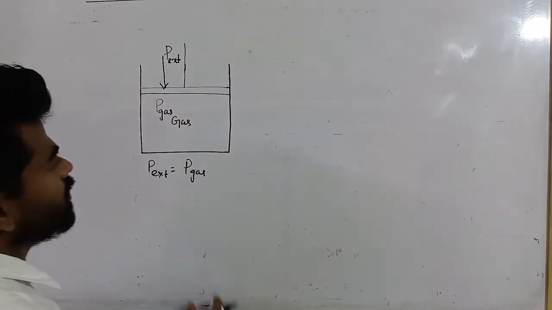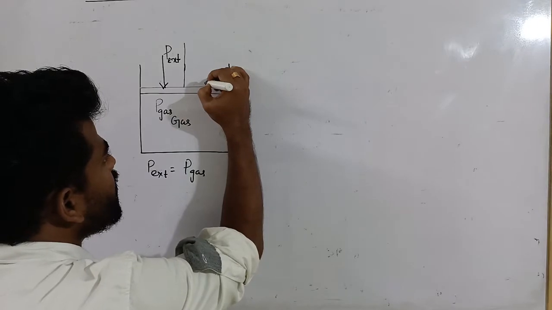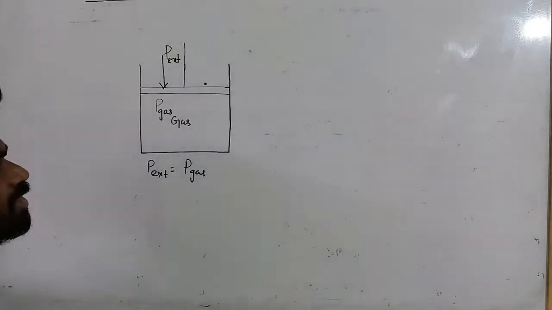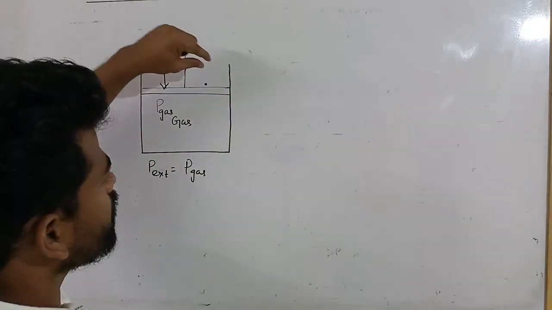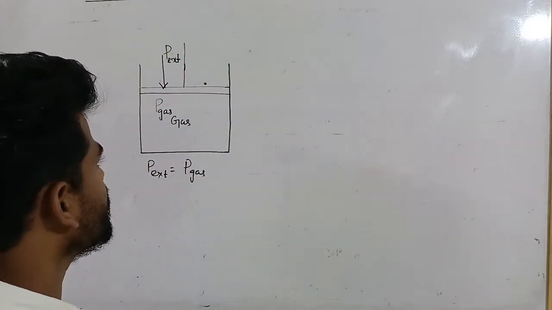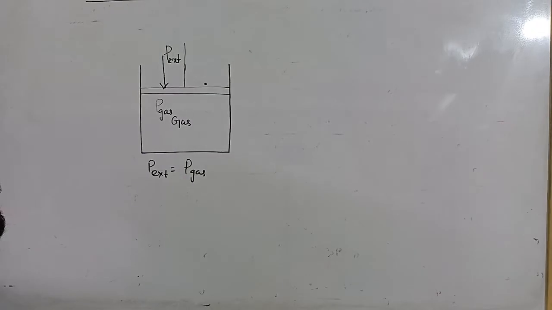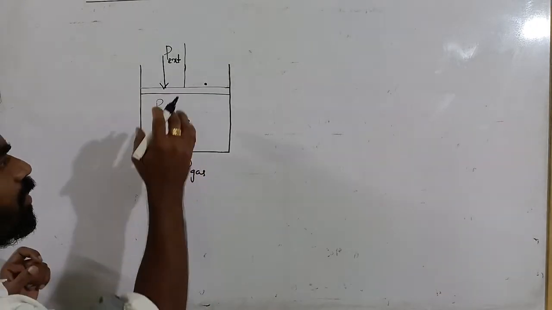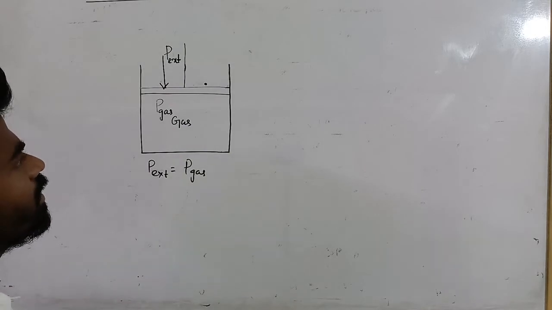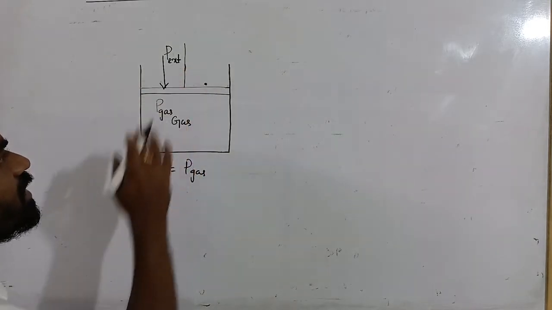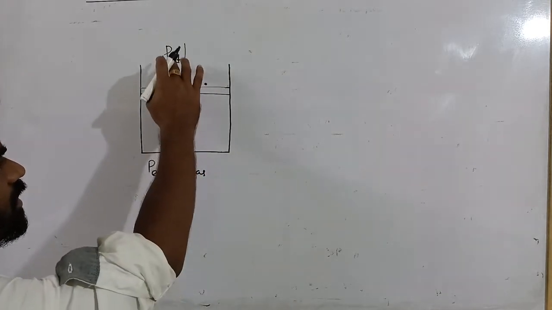That's why the piston stays here. If I put a sand particle over here, I am increasing the pressure over the piston by a very minute amount. It seems the piston is in the same position, but the real fact is that there is a very small increase in driving force, or external pressure.